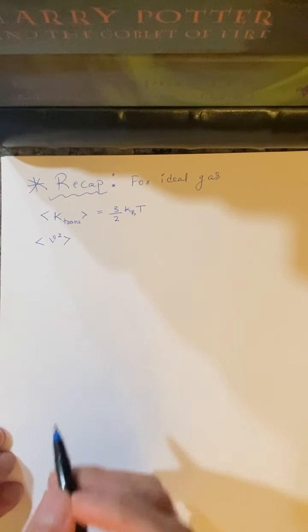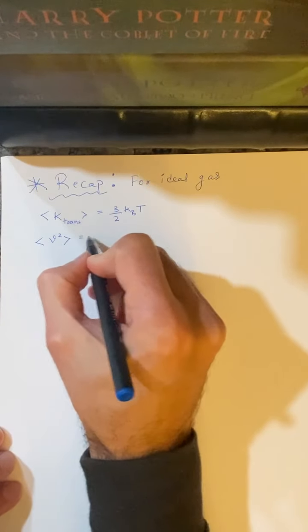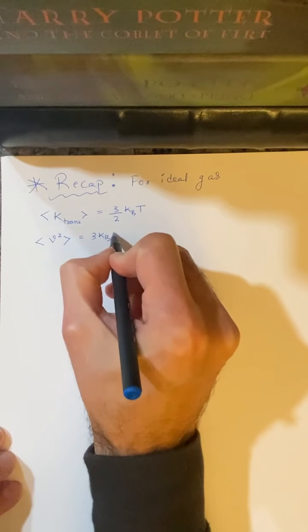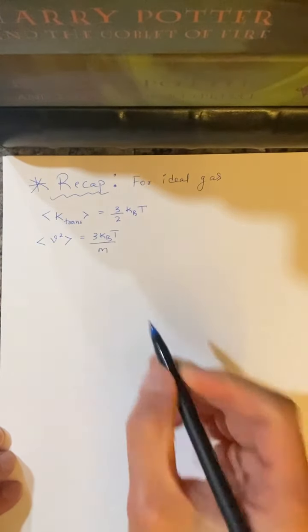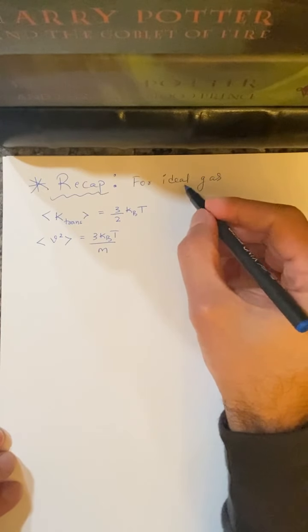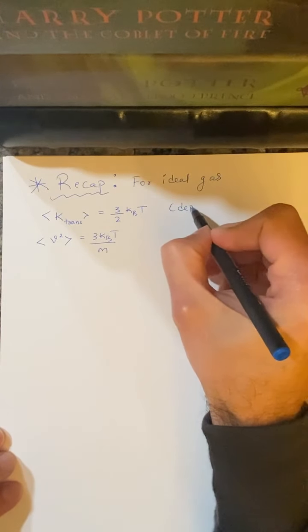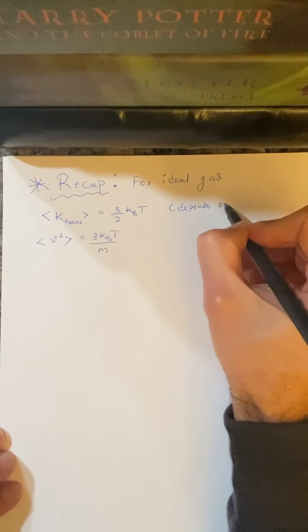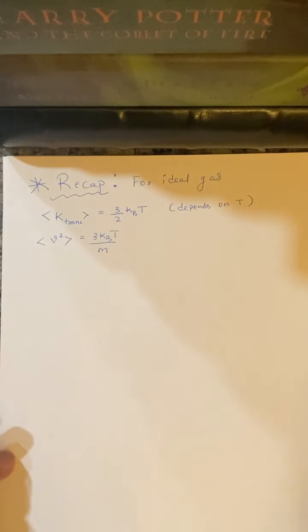The average of the velocity square is given by 3 kBT over m. Note here that the translational energy only depends on temperature. You can clearly see there is no dependence on pressure or any other terms. It's only temperature, and another factor is the Boltzmann constant.